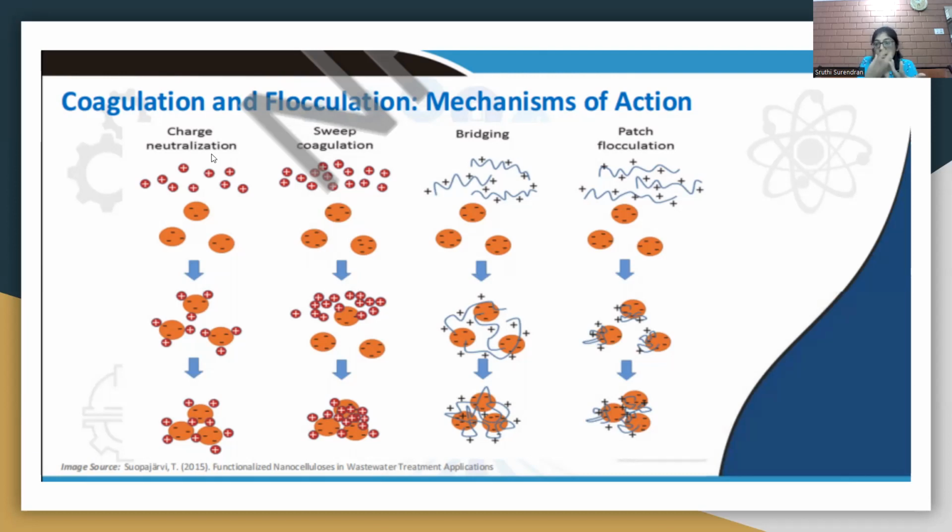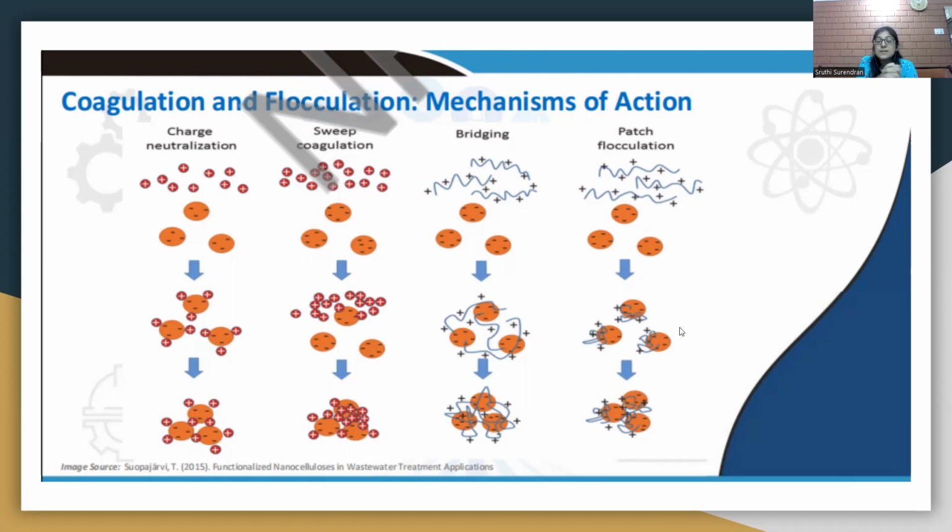So after the particles' charge has been neutralized, coagulants will be added, which will help in bringing these colloidal particles together, which is called bridging. And patch flocculation is when after they come together, they form flocs. That is a process called patch flocculation.